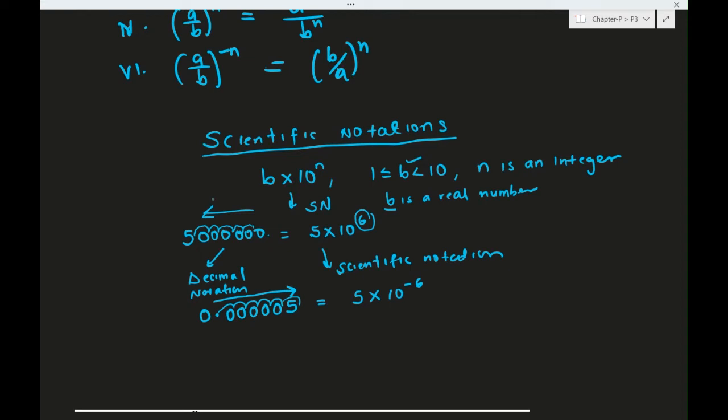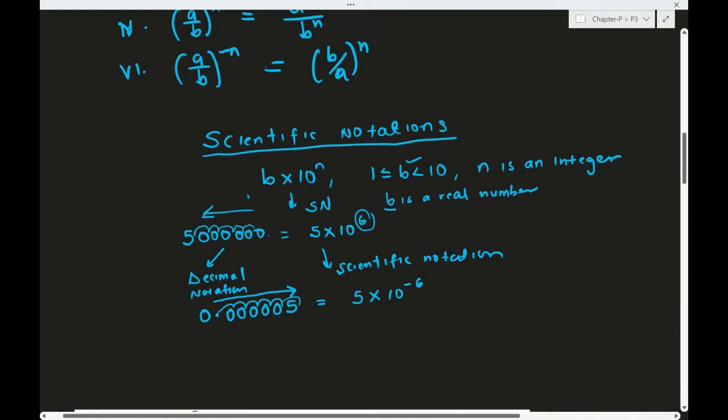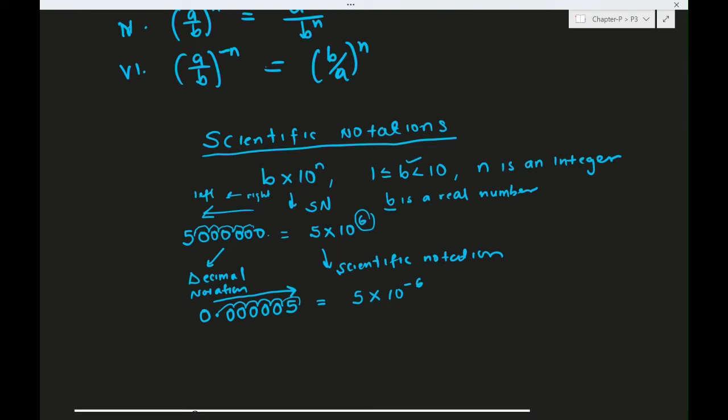When we go from right to left, we have a positive exponent, and when you go from left to right, you have a negative exponent.